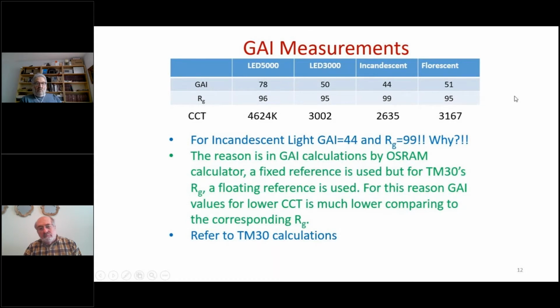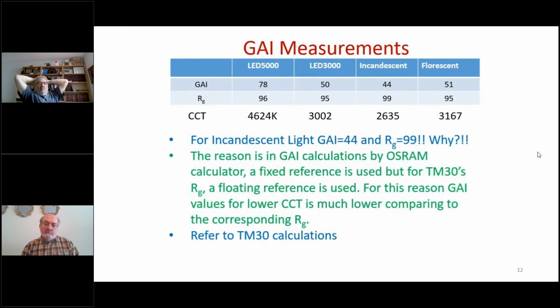And one of our customers asked us a very good question. I said, I don't understand. Why does that incandescent light show such a high value of RG, but in this GAI standard, it shows such a low or intermediate, below average, 44. So is this a mistake by the instrument? So I dug it out.